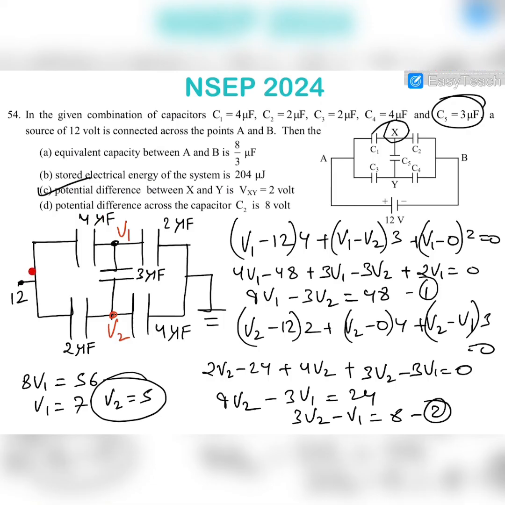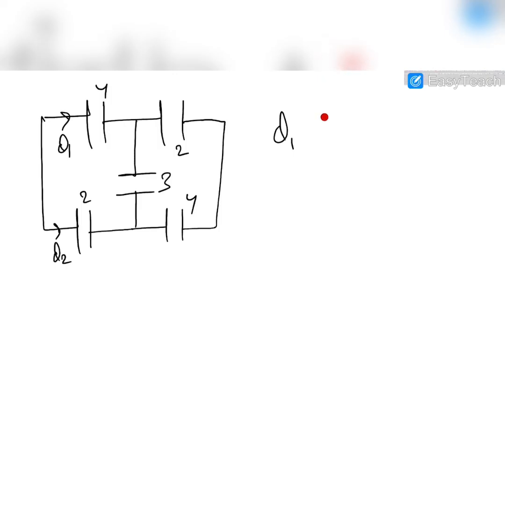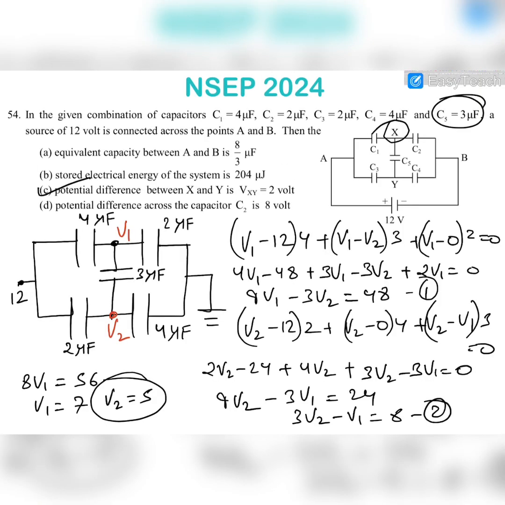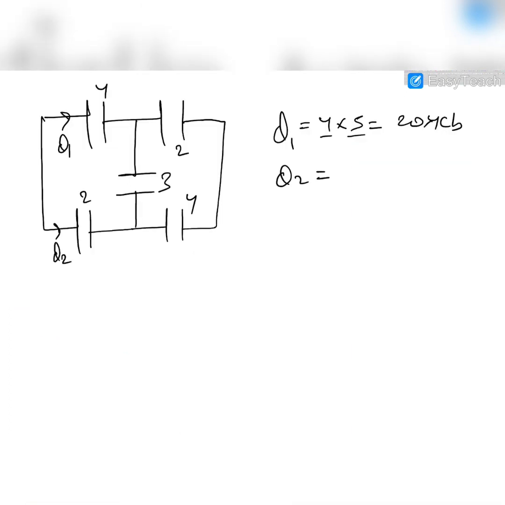So Q1 is equal to 4 into 5, which is 20 microcoulomb. And for Q2, the potential difference 12 minus V2 will be 7, and 7 into 2 is 14 microcoulomb.